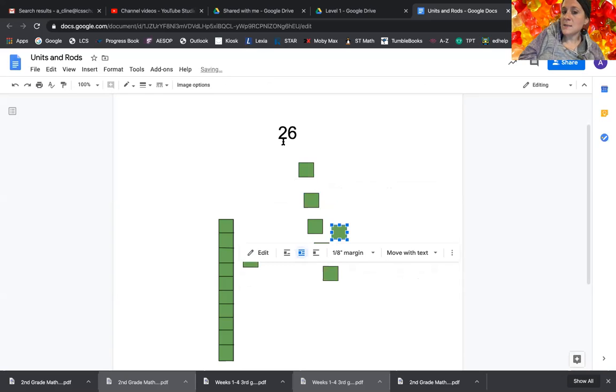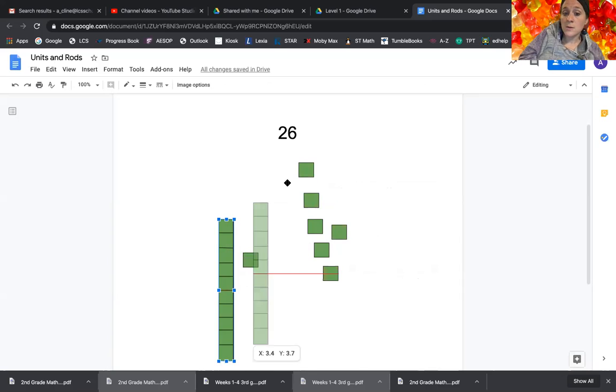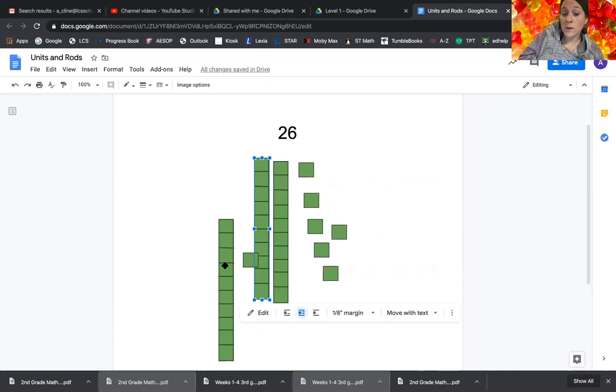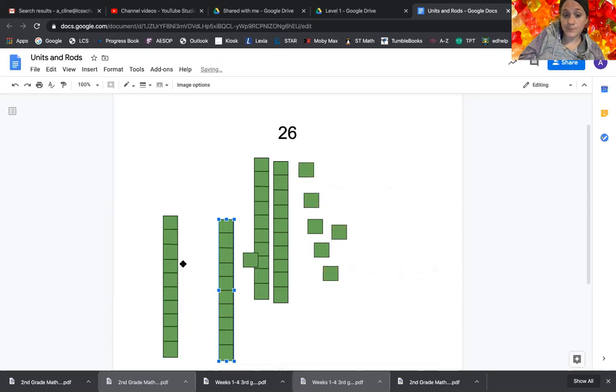And how many tens are there? There are 2 tens, which is 20. So I can go 10, 20. And then right here, I've made the number 26. That's all that is saying.